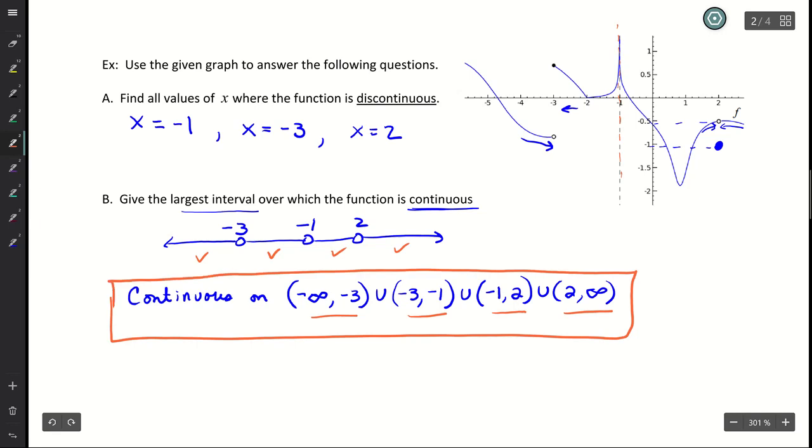Now in something like this, you don't have to worry about continuity from the left or from the right if your graph continues on. So in other words, over here, if this was the only piece of the graph, then it looks like we're actually going to be continuous at that endpoint. But because the graph then jumps and comes down here, then we don't have continuity from the right there at -3.